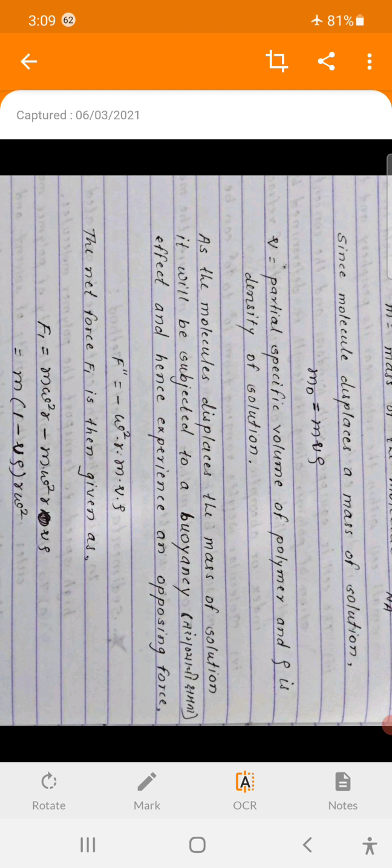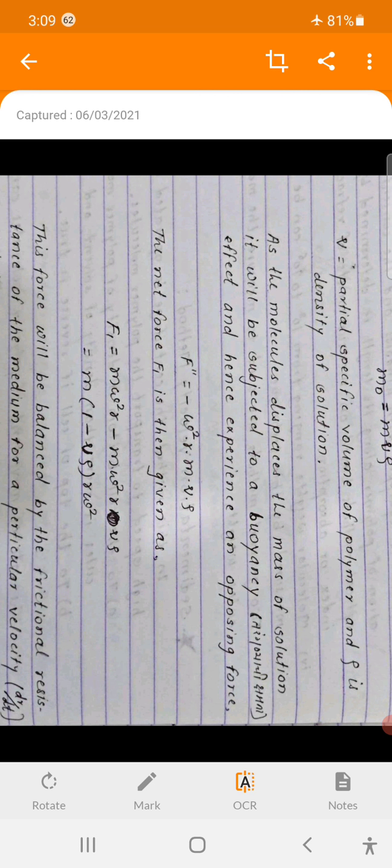Because of centrifugation, the molecule tries to move towards the bottom of the test tube, and during that movement the molecule experiences an opposite force, known as buoyancy force, opposite to the centrifugal force, therefore shown by a negative sign.